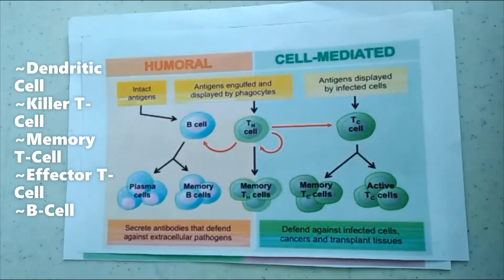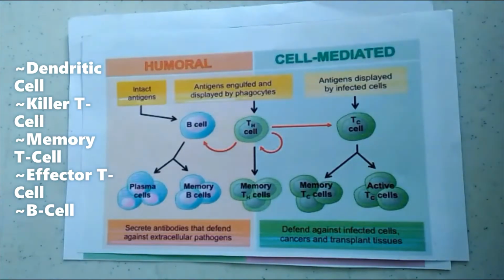ways. The memory T cell lingers after an immune response is complete and launches a new immune response if the same pathogen is encountered again. The effector T cell, relatively short-lived activated cells that defend the body in an immune response.